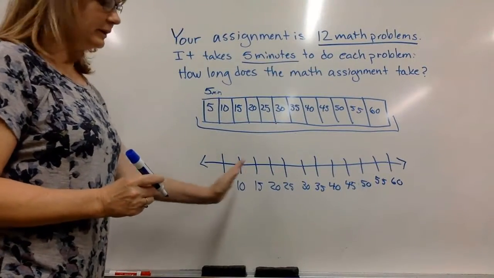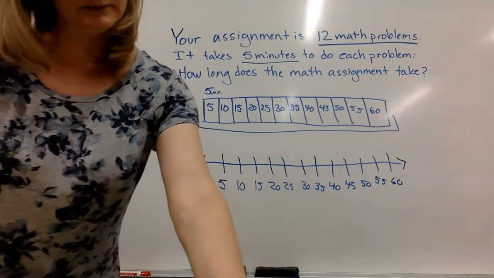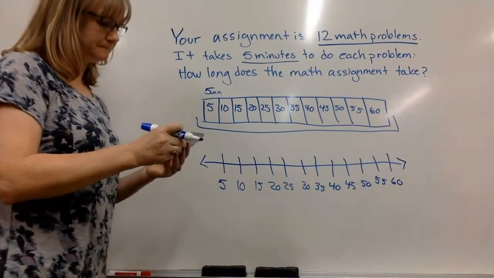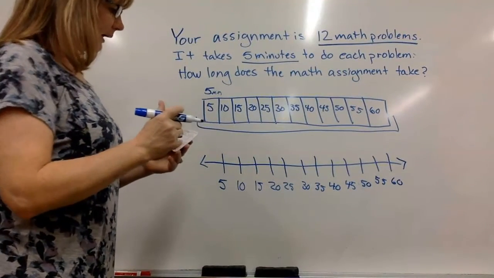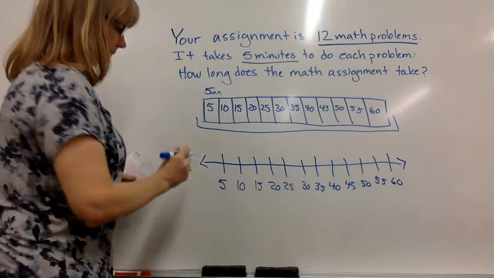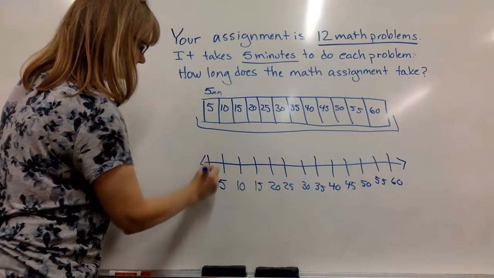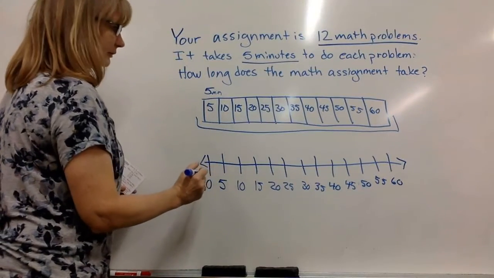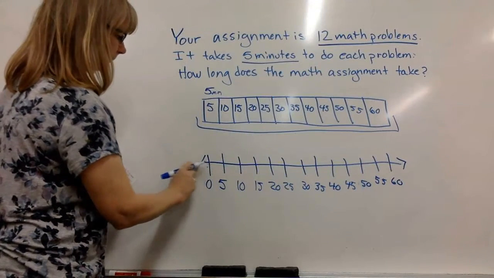All right, here's my number line. Now, I need to have a 0 right here. That'll help us. We got to 60.